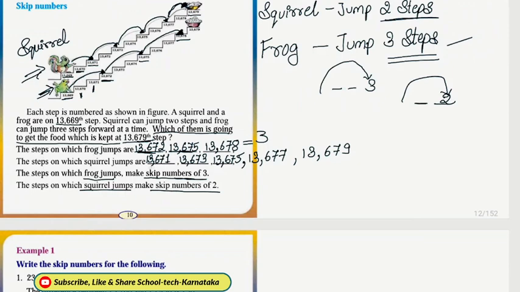And if you also have a look at the steps on which the squirrel jumped, the difference between these numbers is 2. The difference between these two numbers is again 2, and the difference between these two numbers is 2, and the difference between these two numbers is 2. This makes the skip number of 2.